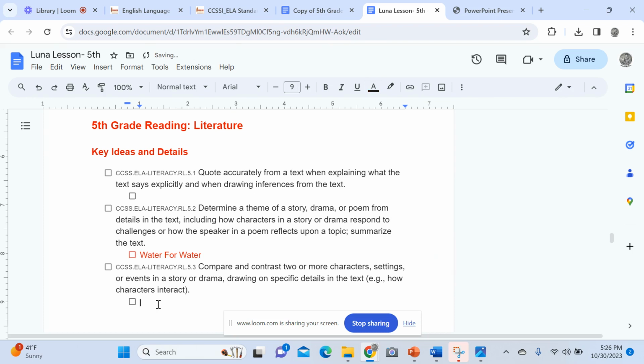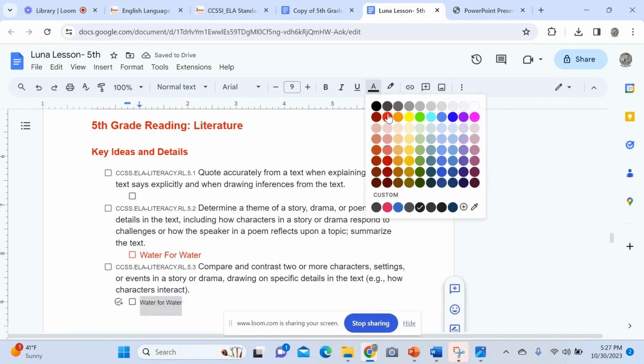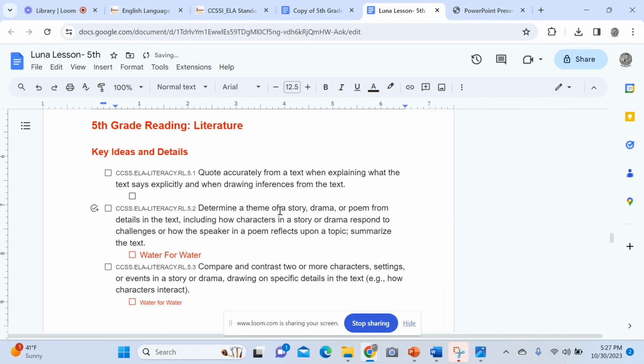So ahead of time, before I even start my planning, I know exactly what standards I'm hoping to meet, and then I create all of my units and all of my plans based on that.